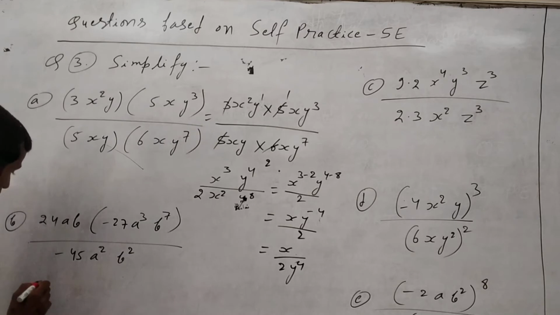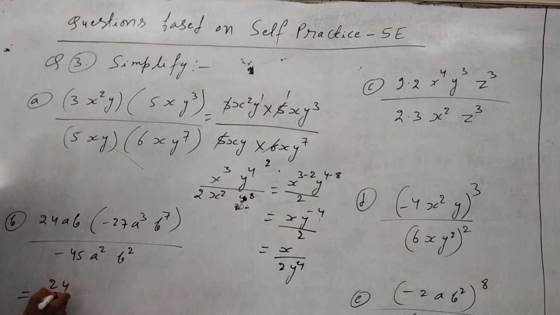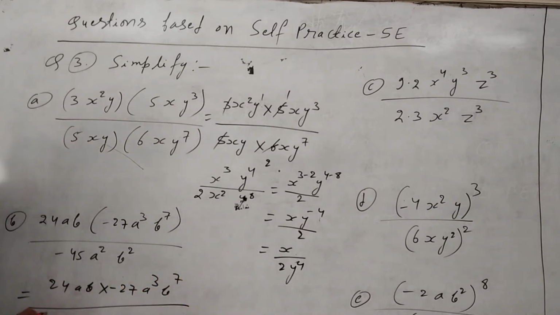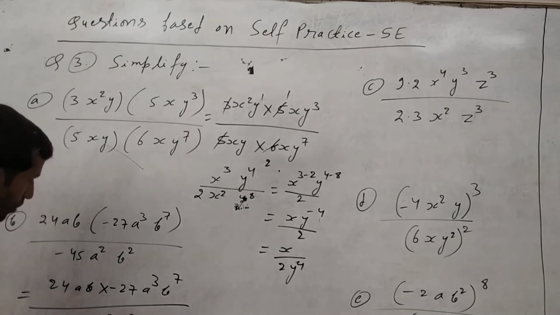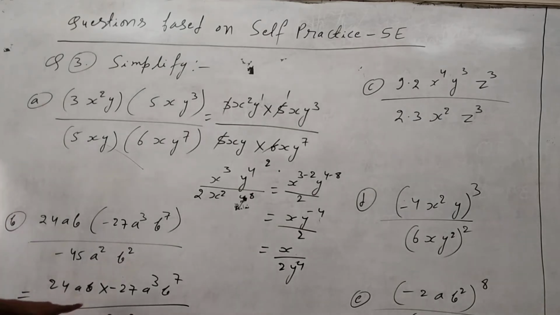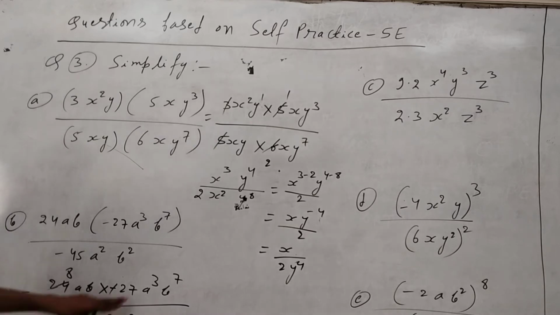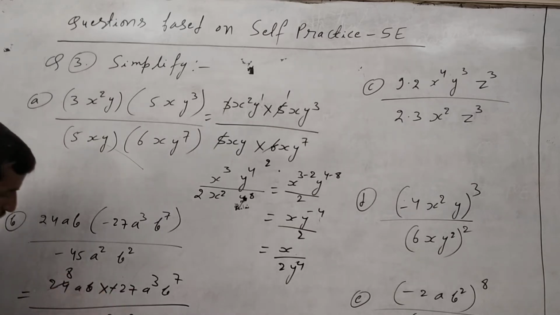We write 24ab into minus 27ab^7 upon minus 45a^2b^2. Now we cancel out: the minus signs cancel out, and we can cancel by the table of 3. 8 threes are 24, and 15 threes are 45, and here also we can cancel by 3: 5 threes and 9 threes.